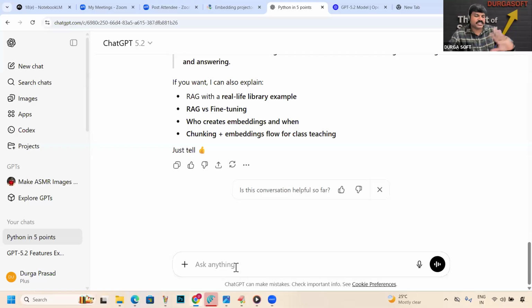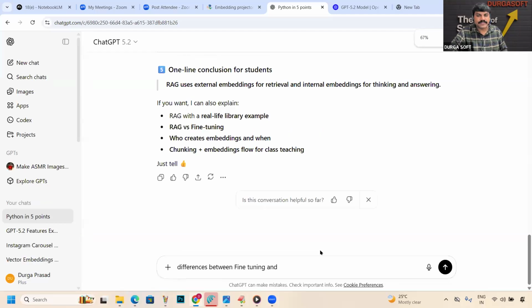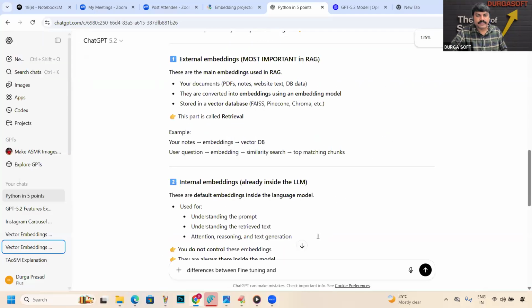Just a small thing I want to ask you people. Have a look once. Differences between fine-tuning and RAG, retrieval augmented generation.